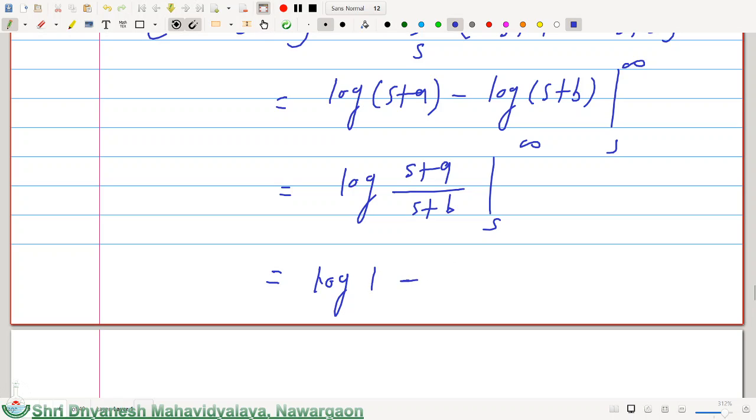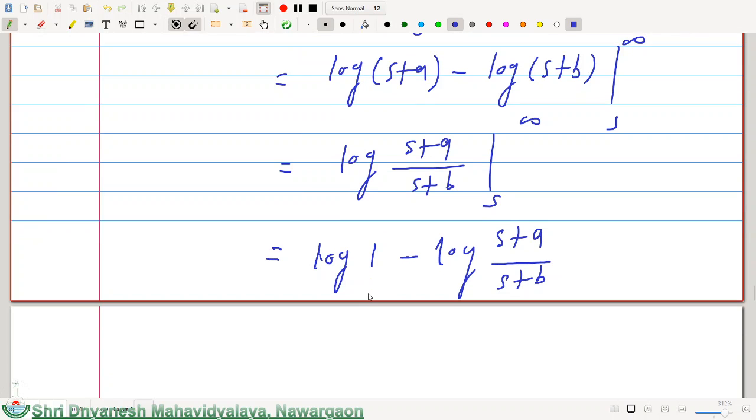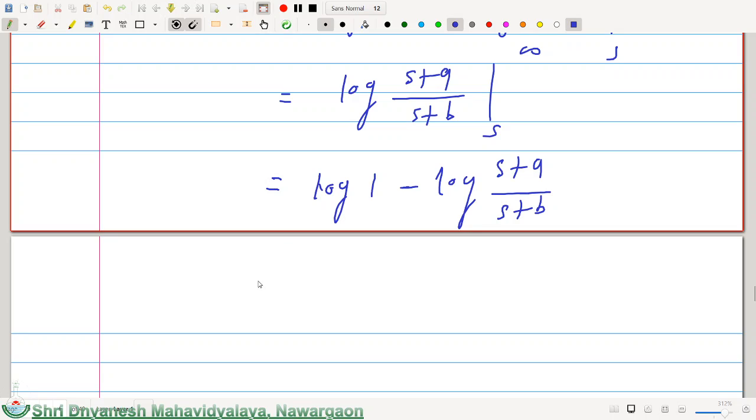So log of 1 minus, at the lower limit, this will be log of (s plus a upon s plus b), and log of 1 we know is equal to 0, and we get here log of (s plus b upon s plus a), taking minus 1 into the power of (s plus a upon s plus b) by the property of logarithm.